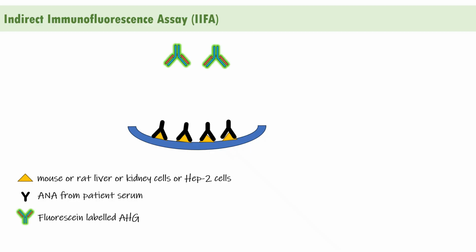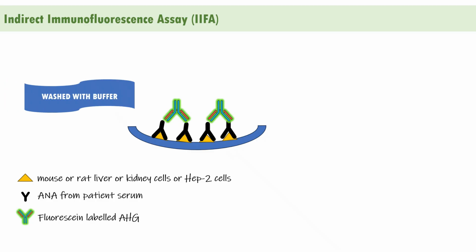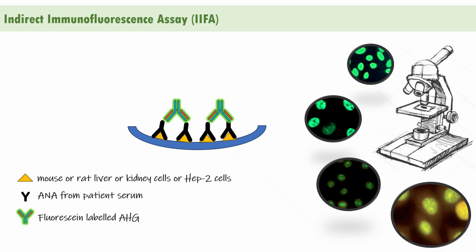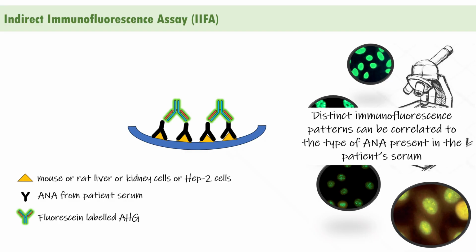Then, the mixture is incubated with fluorescein labeled anti-human globulin, which will then bind to the ANA substrate complex. Again, we will be washing this with buffer to remove unbound antibodies. Once viewed through the microscope under UV light, a green or gold fluorescence will be observed in the presence of ANAs. And take note, distinct immunofluorescence patterns can then be correlated as to the type of ANA present in the patient's serum.